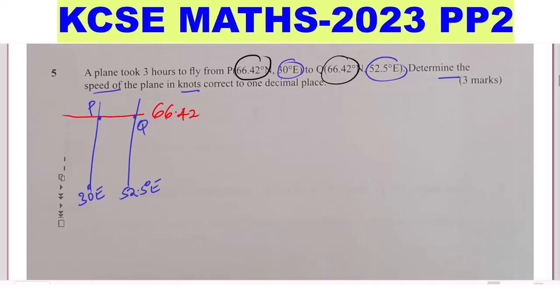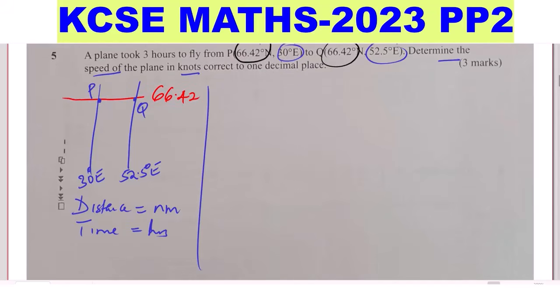To get the speed in knots, you must have the distance in nautical miles between P and Q, and also you need to have time in hours. You know how we get the speed? Speed is given by distance over time.